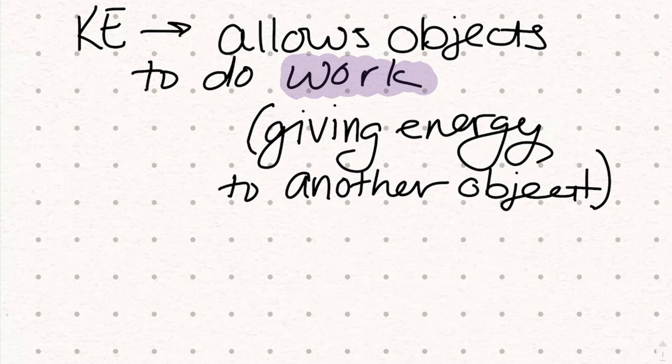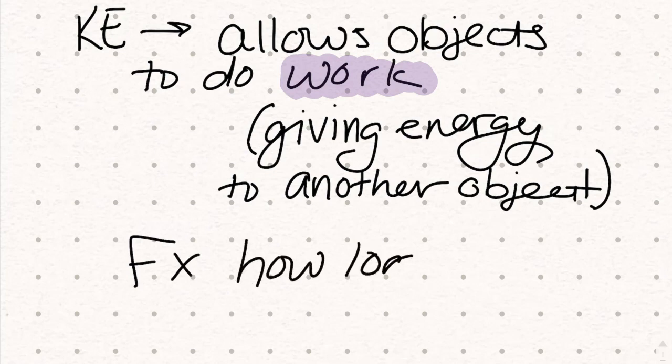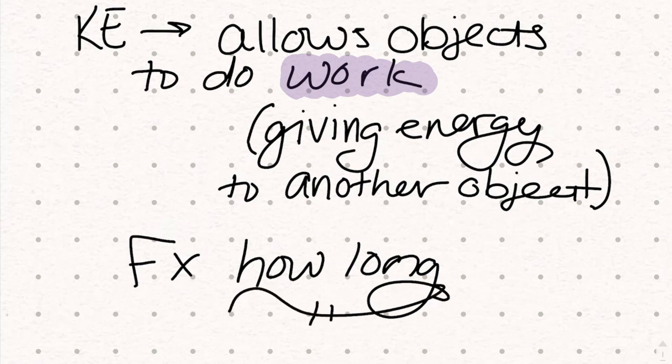When you are giving energy to an object, you are generally talking about force times how long that force is being applied. If I push in my chair, the work that I'm doing on that chair, the energy I'm adding to it, is however much force I'm putting on it and how long that force is there for.